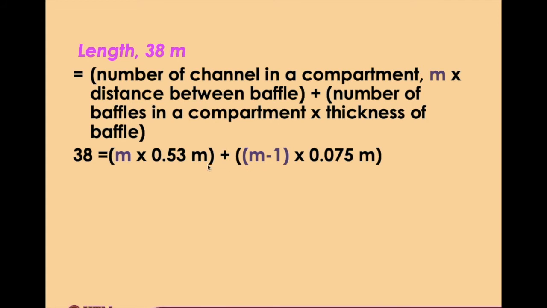If you rearrange this, you will obtain your M. This one times minus 1, so minus 0.075, you bring it here, so it's going to be 38.075. And then please settle the calculation, finish off the calculation.